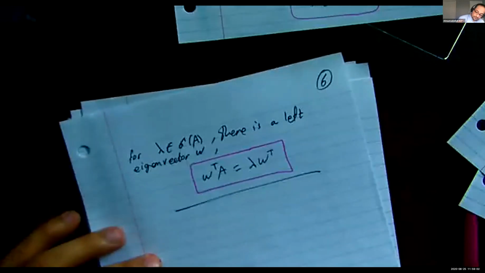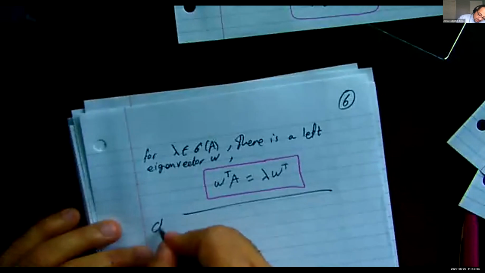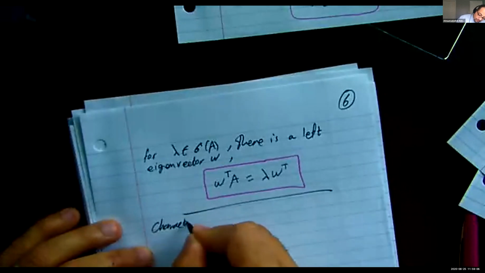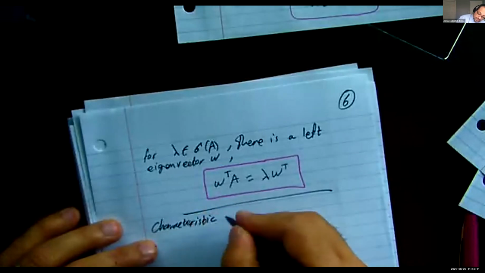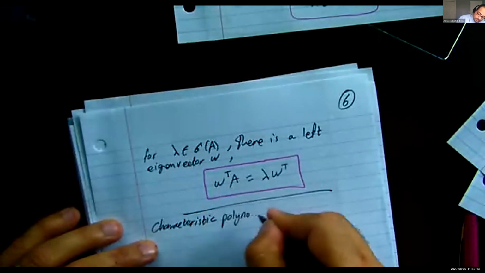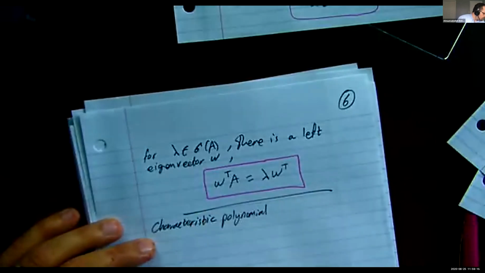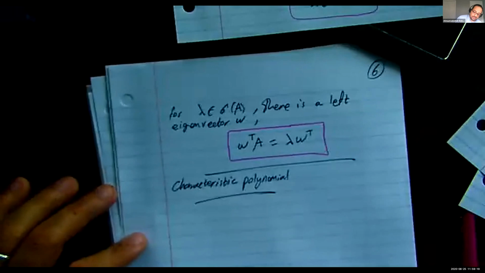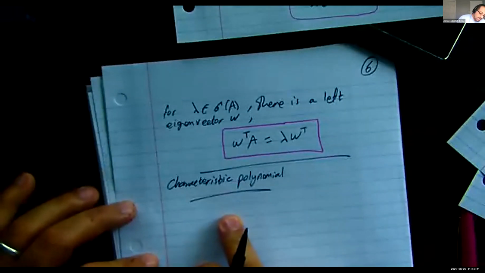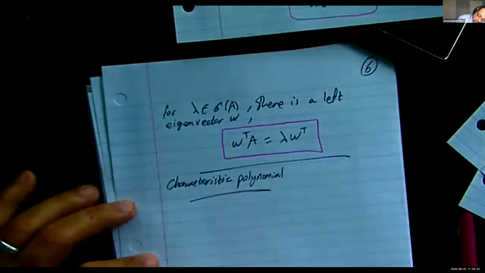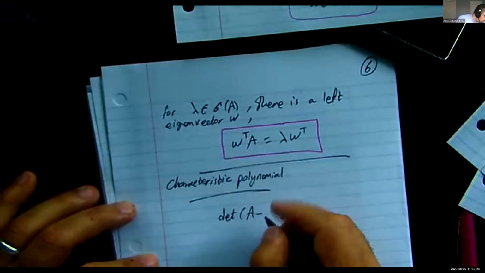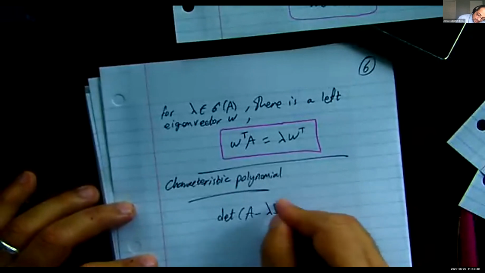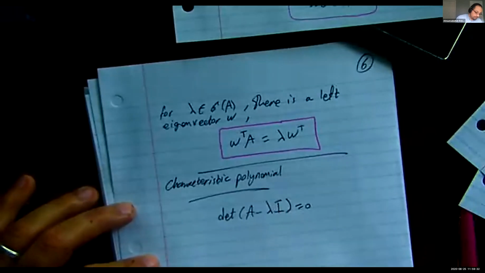Now we talk about the characteristic polynomial. The characteristic polynomial is the polynomial that's based on this equation here: the determinant of A minus lambda I is equal to 0.